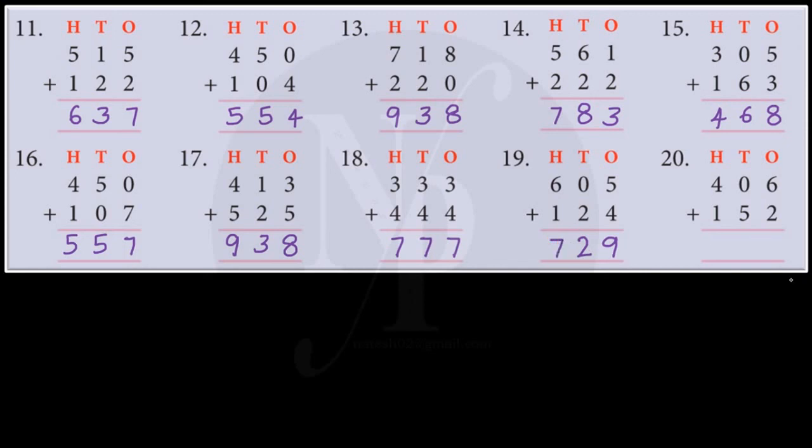In question number 20, we have 406 plus 152. So we will add these numbers. Starting from ones place, we add 6 and 2. 6 plus 2 is 8. 0 plus 5 is 5, 4 plus 1 is 5. 558 is the required sum.